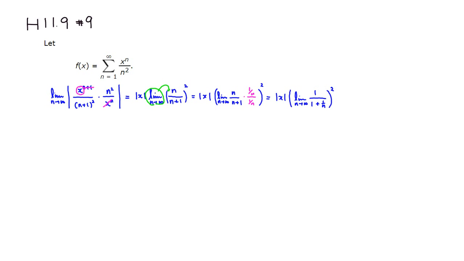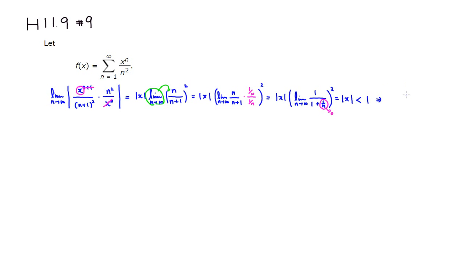As you can see, as n approaches infinity, 1 over n approaches 0. So you end up getting 1 over (1 plus 0) squared, which is 1. So this gives you the absolute value of x, and we want this to be less than 1. So from here, we can get the interval.